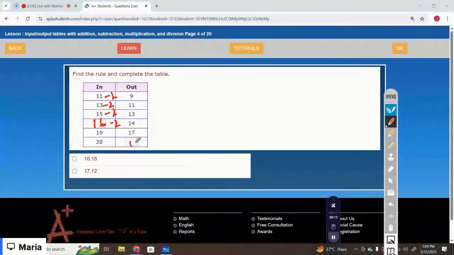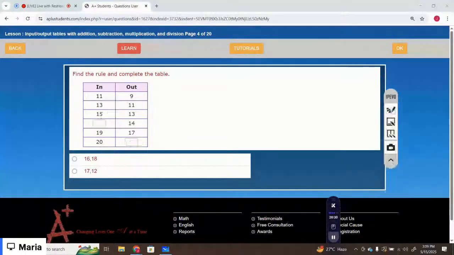And 20 minus 2 is 18. So the missing numbers are 16 and 18. Option number 1 is the correct option.